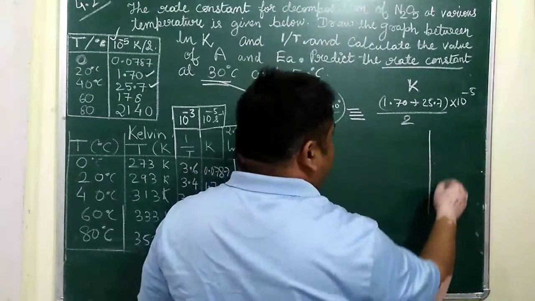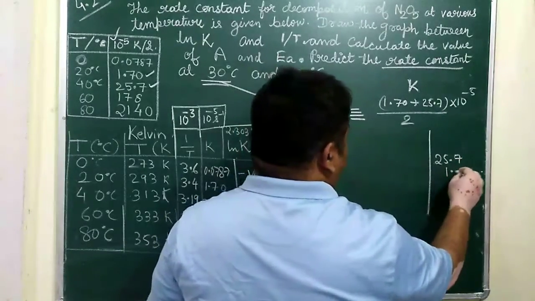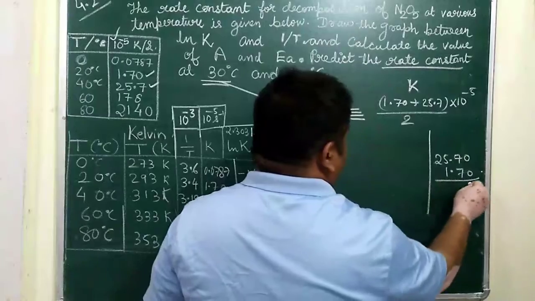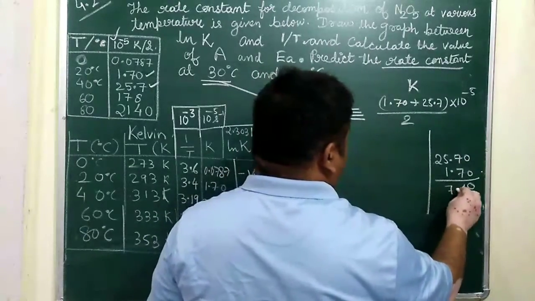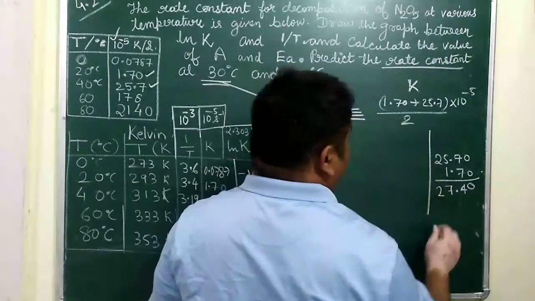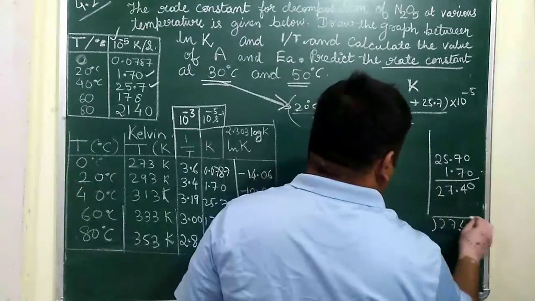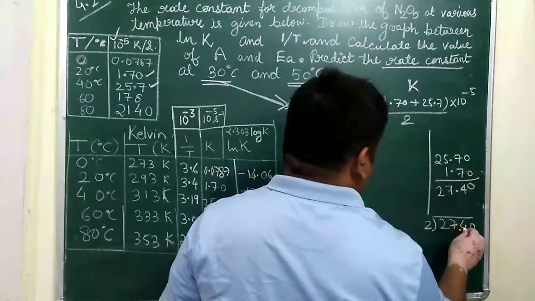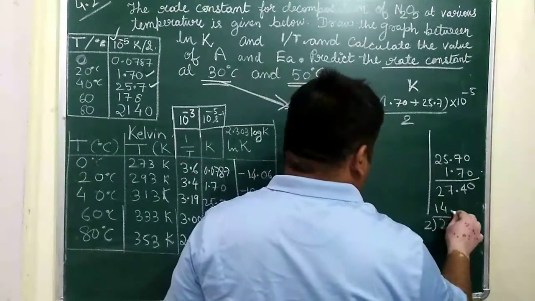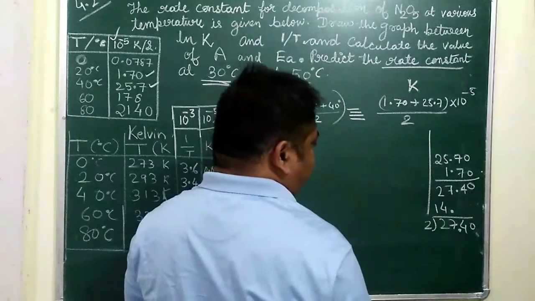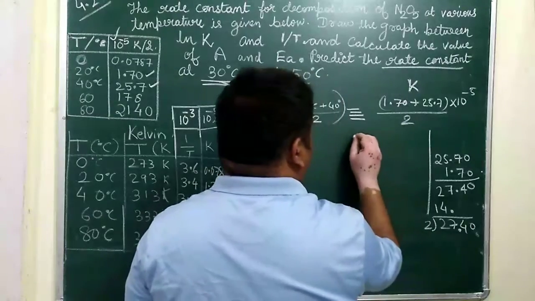A little bit of side calculation. 25.7 plus 1.70 is 27.40, divided by 2. So this will be around 14, somewhere around 14.